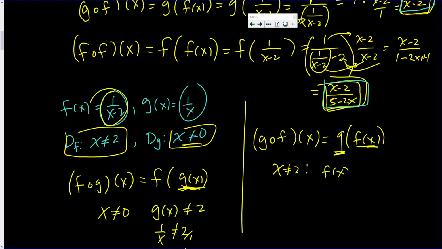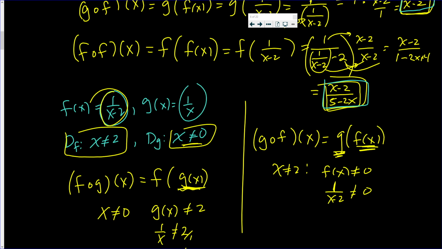So f of x can't be 0. But fortunately, we don't have to worry. f of x is a fraction. And a fraction equals 0 only when the numerator is 0. That numerator is always 1. I guarantee you, we will never be taking g of 0. f of x is never 0.